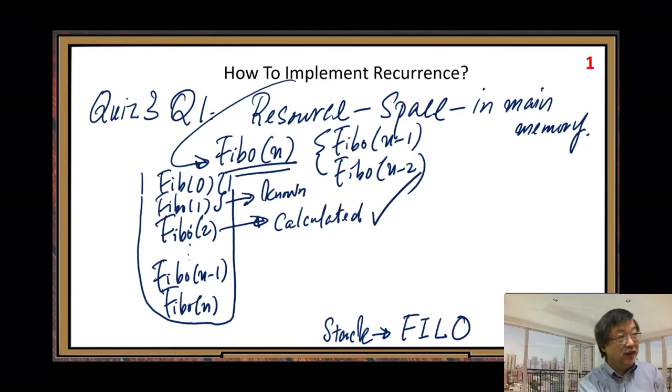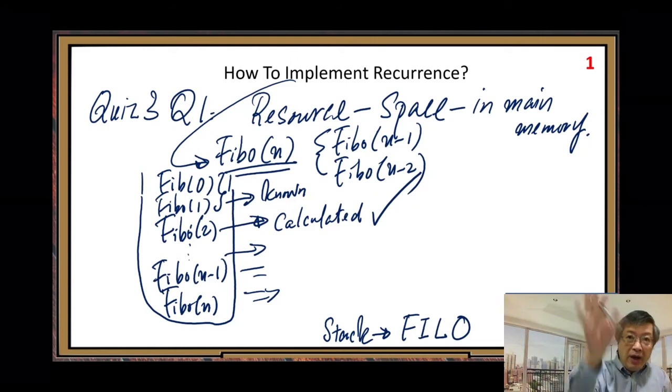All right, so check it. Then Fibo of 3, and so on. That is the typical way to implement a recurrence function call, a recursive function call. Here we just use special Fibonacci numbers. This recurrence function implementation is to give you the general idea. So you can use this way on every recursive function.